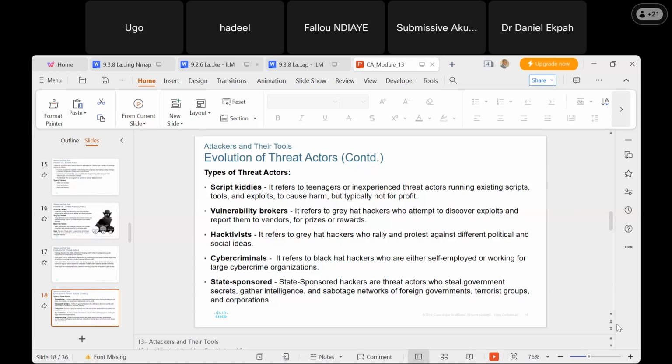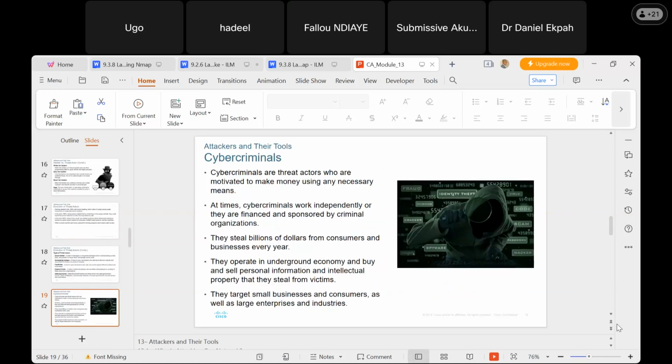Here, the cyber criminals are the reason why we're here. That's the reason why we're doing what we're doing, and we continue to work hard to grow that and tighten up the space.